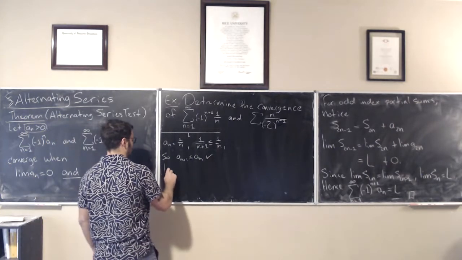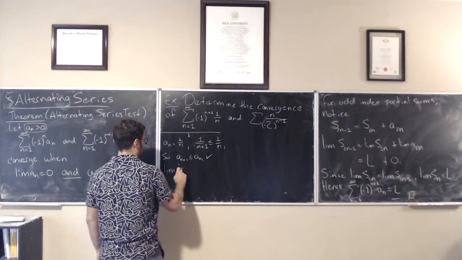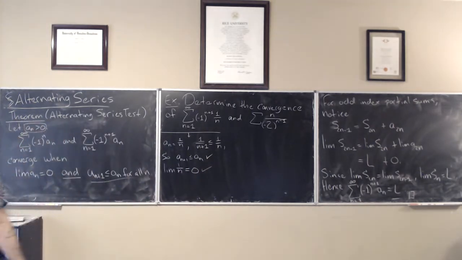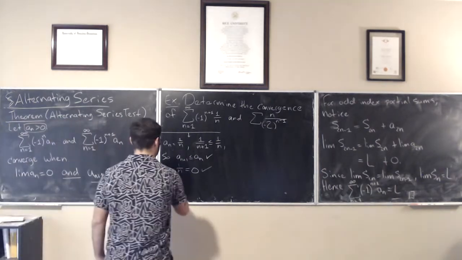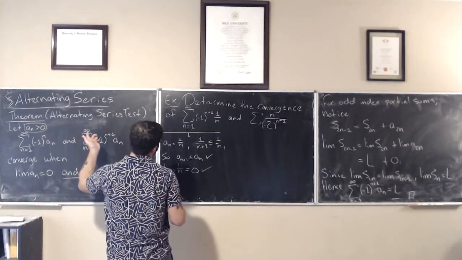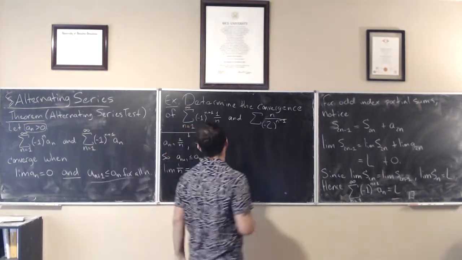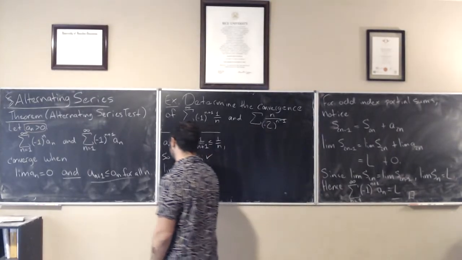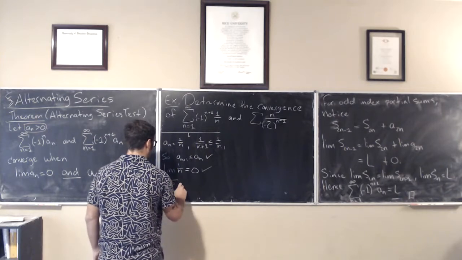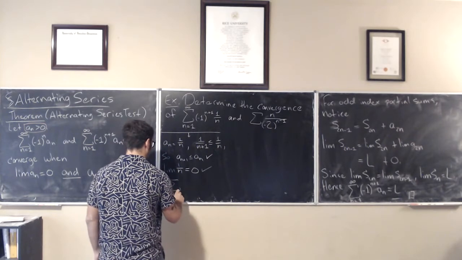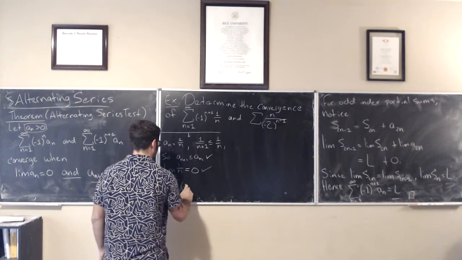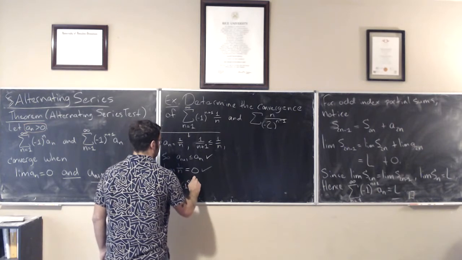Also, the limit of 1 over n is equal to 0, so it satisfies that. If it satisfies both, the alternating series test says that this series here converges. So when you write this down in the exam, be sure to state which test you're using. Right? So you should write down a solution as clear as possible.